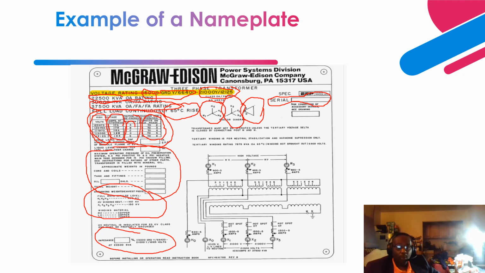But most often than not, after performing the factory acceptance testing, the impedance that is measured deviates from the design, and it should be within plus or minus 7.5%. So what is obtained after performing the factory acceptance testing is what is stenciled or etched on this nameplate.